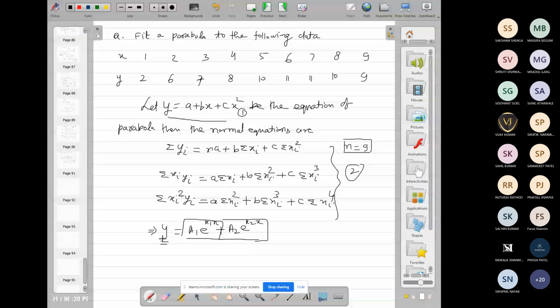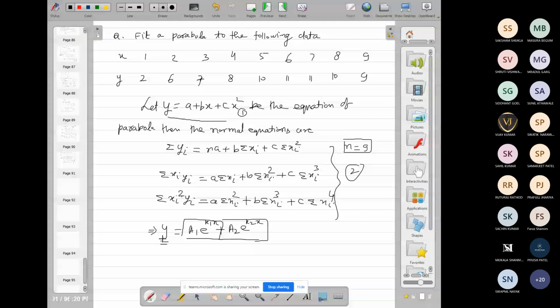After doing numerical integration we can do it, and it is a very lengthy method. So we will discuss this later after studying numerical integration.